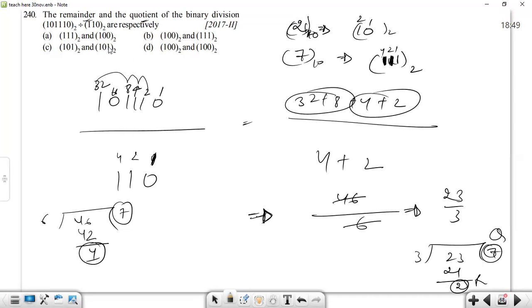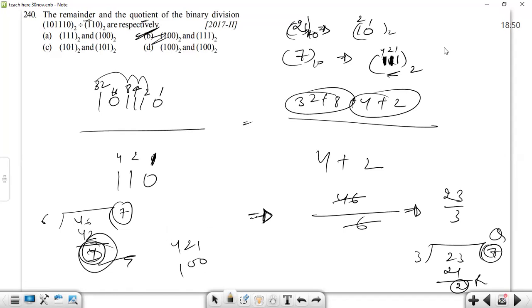So the remainder is 110 only. Sorry, the quotient is 7, so the quotient is 111 only, which is in option B also. So we don't have to convert it back, and it is very simple.